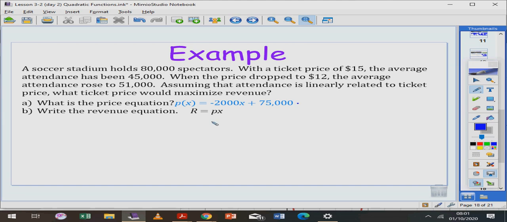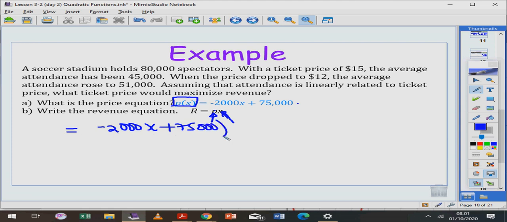So my revenue equation is just going to be the equation for price times x, because that's the revenue function. Okay, so if I multiply that out, that's what it gives me, negative 2000x squared plus 75,000x.